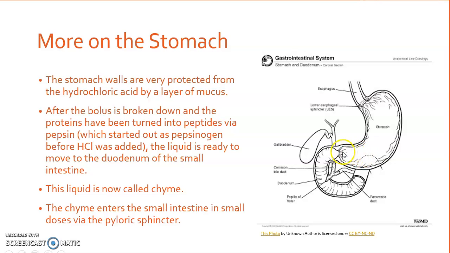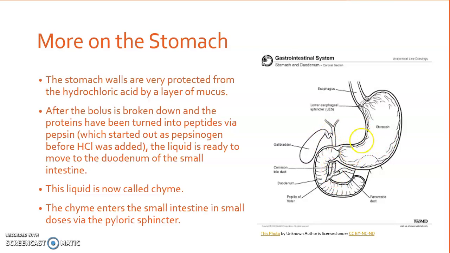This liquid is moved into the duodenum of the small intestine. That is this first branch right here. It's really important to know this branch because there's a whole bunch that goes on here that we're going to be learning about next. The duodenum is part of the small intestine, but it's a very unique branch of the small intestine.